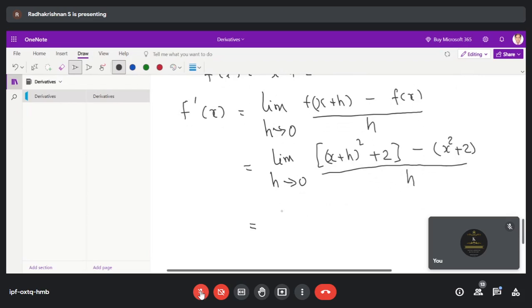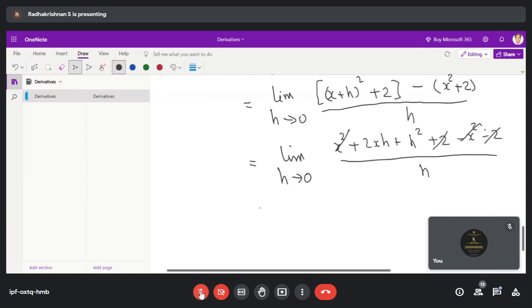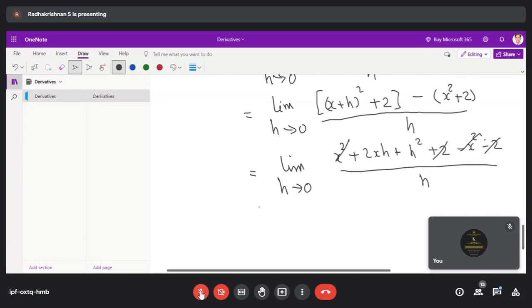So what is the step in that? x square plus h square plus 2xh plus 2 minus x square minus 2. The x square and 2 cancel out, leaving h square plus 2xh.